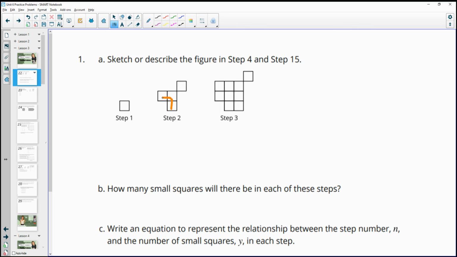So I looked at it as this, and then I saw that we added another one, but I wasn't sure how to really write that in a pattern, especially in something like this. But I did notice that this was like 2 by 2 and this was 3 by 3. But then I wasn't sure over here.